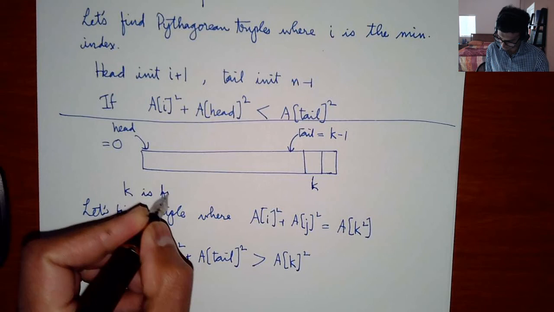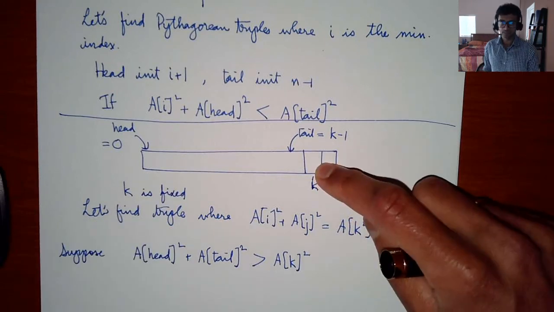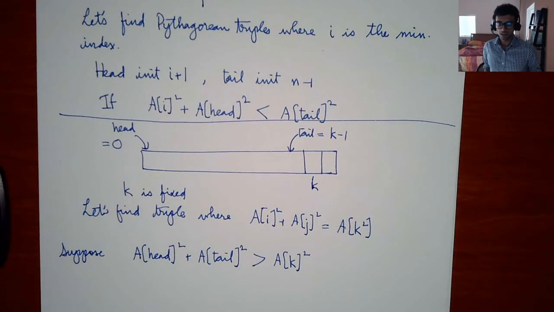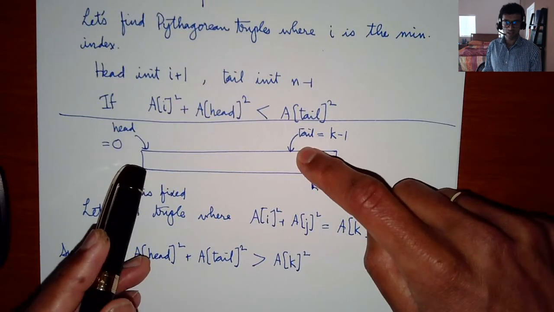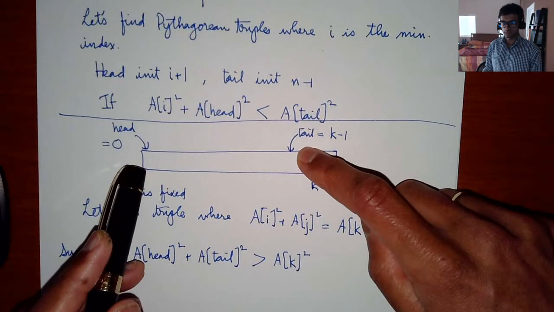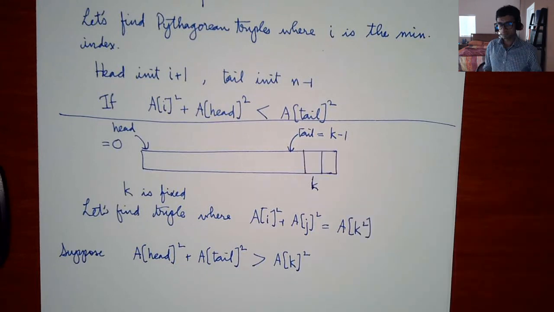Imagine that you fix a k and you start with head and tail over here. If A_head squared plus A_tail squared is greater than A_k squared, does it make sense to move... Sorry, someone said tail? Decrement tail. Because if you increase the head, it's only going to make the left hand side more, and you know that it's not going to work.